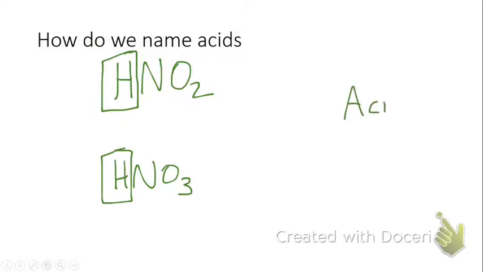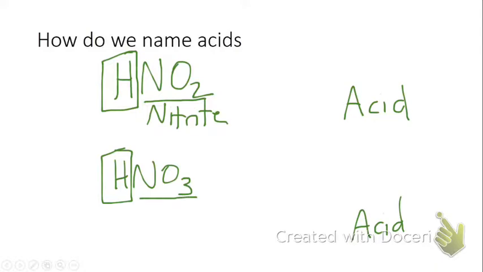So we know at the end of both of their names, they will have acid. Now, if we went to table 3.4 and looked at what NO2 is, NO2 is nitrite. NO3 is nitrate.